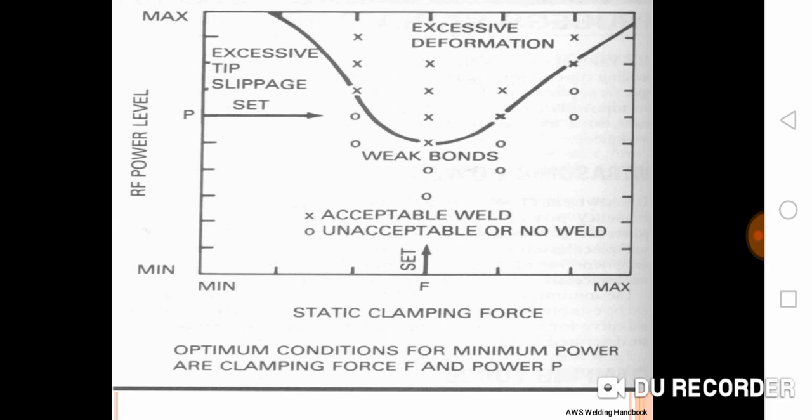So in short, the deformation that leads to the joint formation depends upon the combination of power level and clamping force. That is, the clamping force and the power level should be in accordance with the compliance. Otherwise, the deformation will not be at the satisfactory level and the joint will also be less strong.